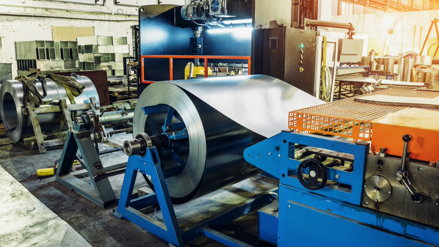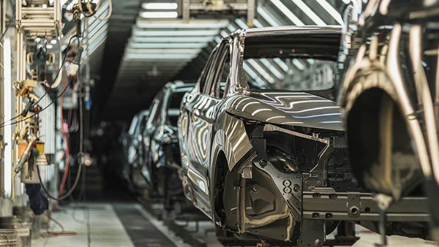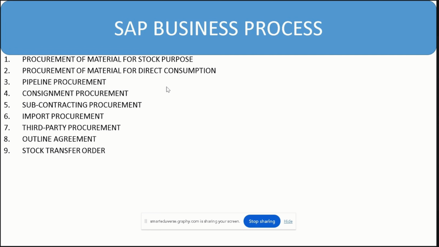Now Tata Motors will require the steel sheet. They will not purchase the material from Tata Steel because it is a single entity, so no purchase will be happening. They can send the material from one plant, Tata Steel, to Tata Motors. That is basically called a stock transfer process.